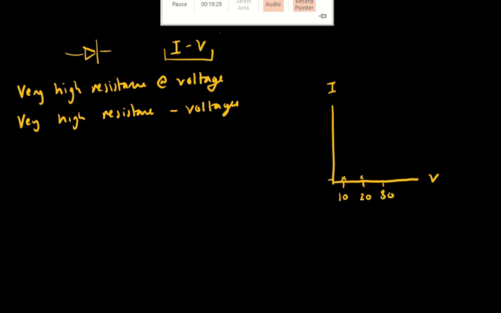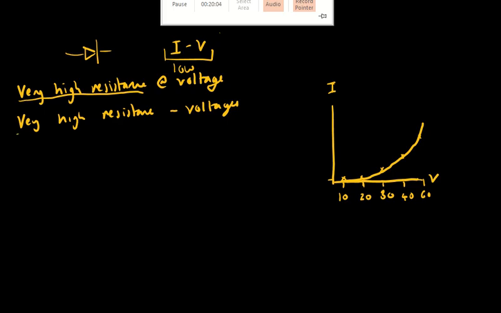At a voltage of 30, my resistance is now not as high, because although I have very high resistance at low voltage, as the voltage increases in a semiconductor diode, the resistance decreases slightly, so the current is able to start flowing. And then as the voltage increases, the resistance starts to decrease even more. And I end up with this relationship here.